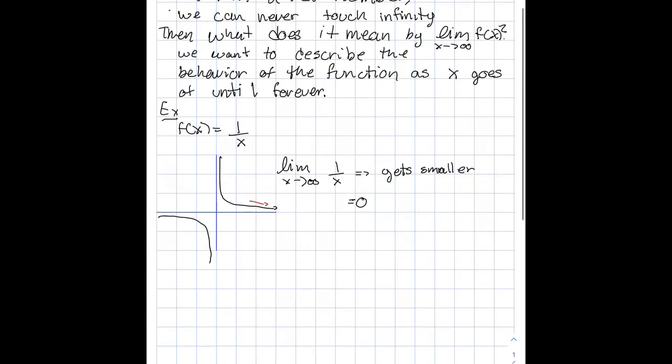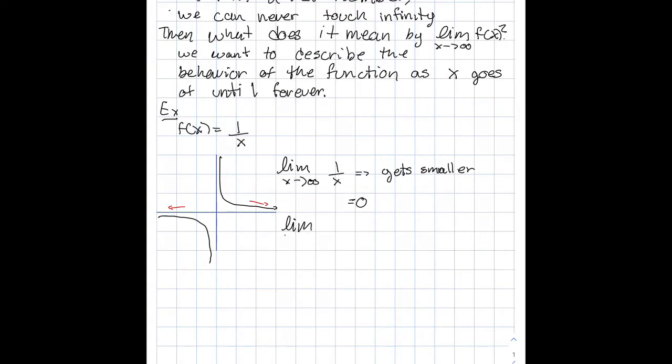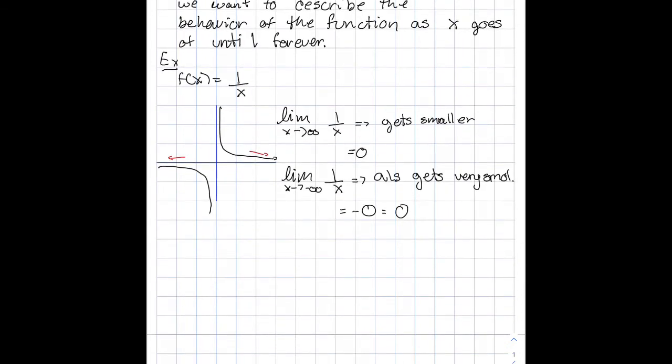What if we go to the other infinity, negative infinity? We can see that that's approaching 0 as well, but from the negative side, very small. So we could say that equals -0, but really that just equals 0. So we can define these two types of limits.